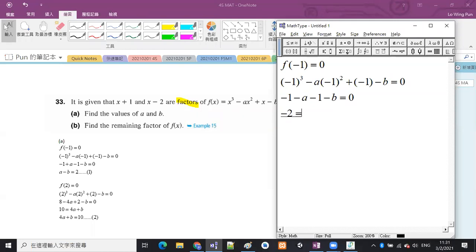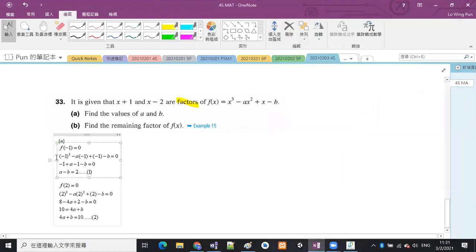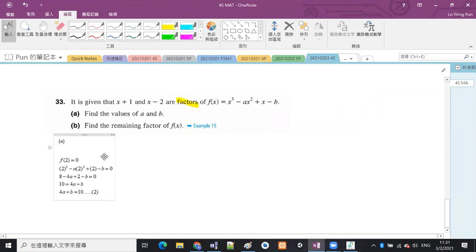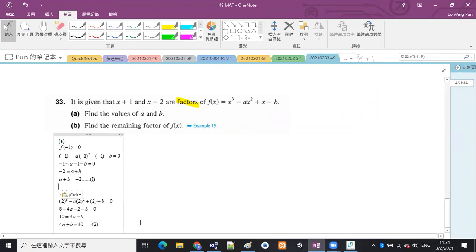So -2 equals a plus b, or a plus b equals -2. The equation 1 should be like this: a plus b is equal to -2. Okay, so please amend this. Sorry. And I think my equation 2 is correct.